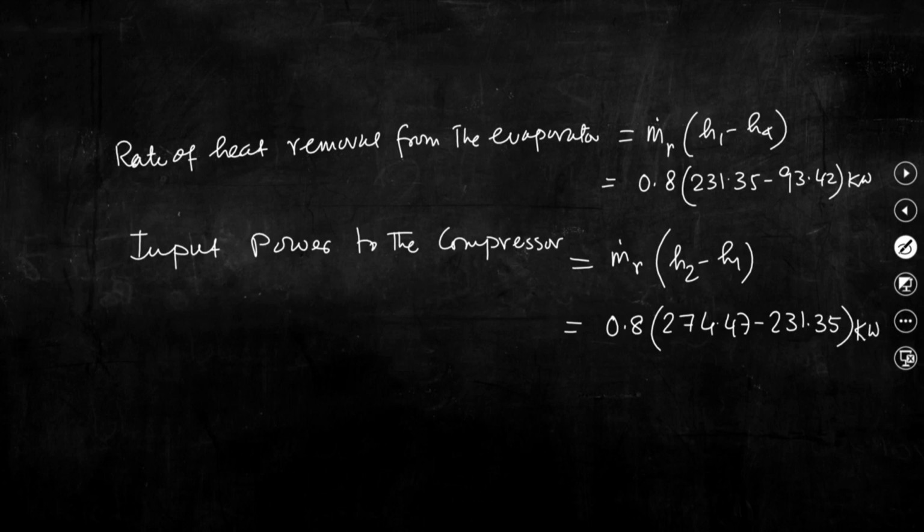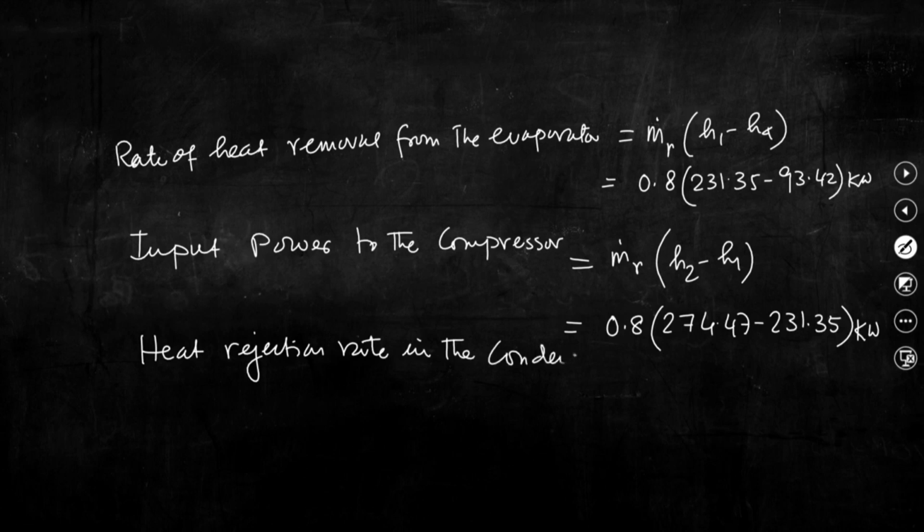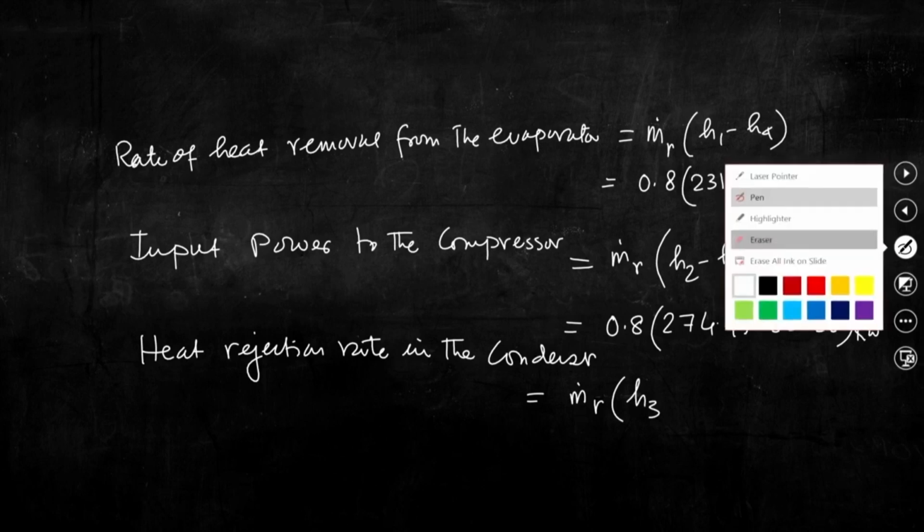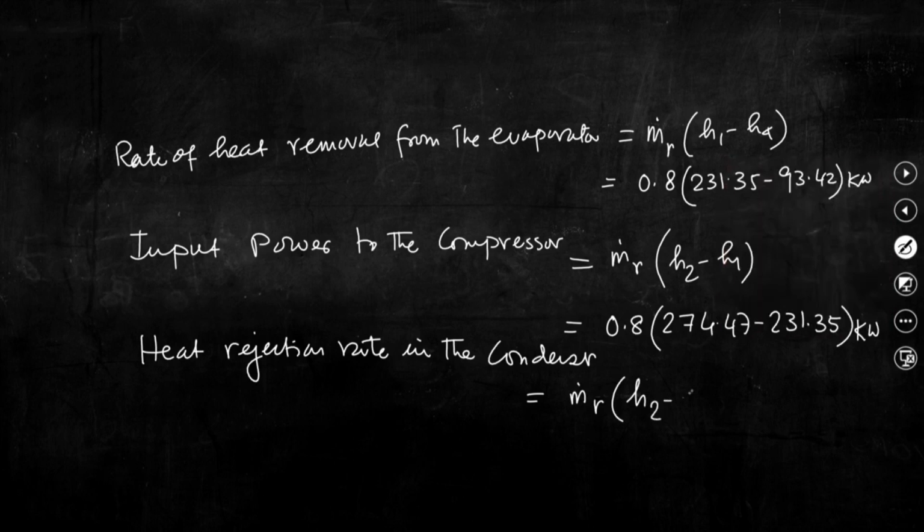And then next is the heat rejection rate in the condenser, equal to again m dot r into H3 minus H2. So, no, this is H2 minus H3, because enthalpy at state point 2 is higher than enthalpy at state point 3, that is why we are going to have heat rejection.